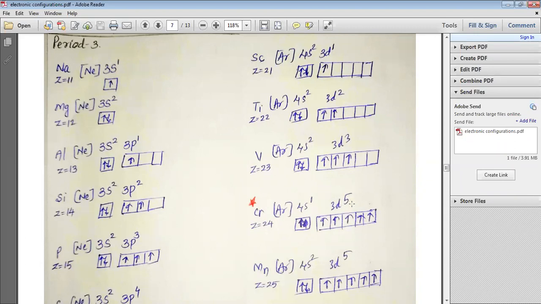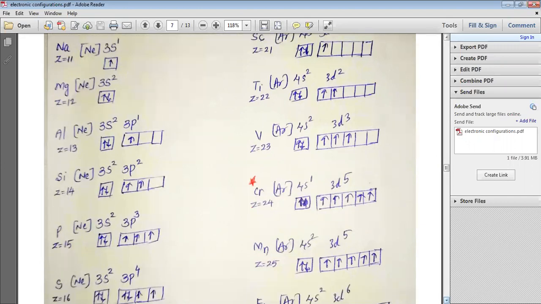In chromium, Z is equal to 24, argon 4s1, 3d5. Now this is an interesting case, my dear students, where you would expect chromium to have 4s2, 3d4, but it does not. As the completely half-filled electronic configuration is considered more stable, to stabilize it, one electron from 4s goes to the 3d orbital, and then chromium's electronic configuration is 4s1, 3d5.